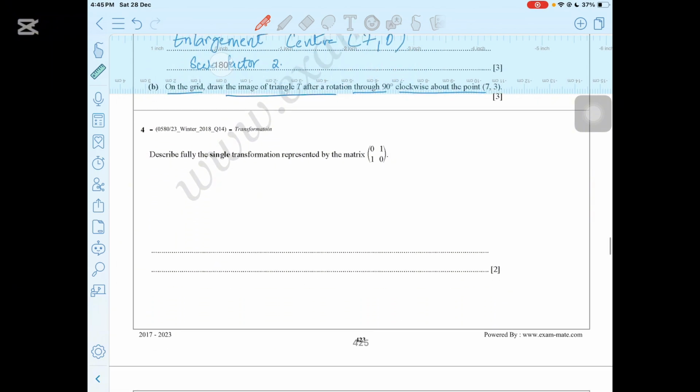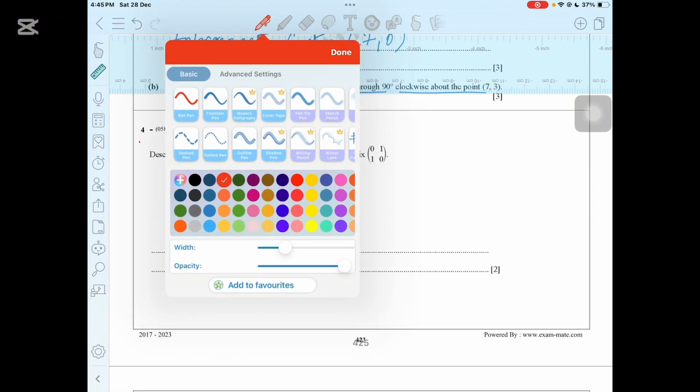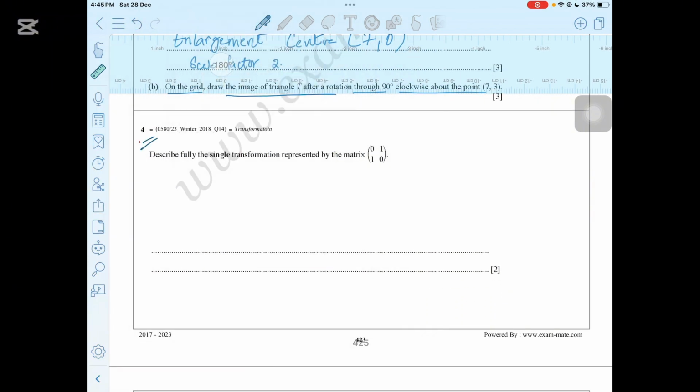We have question number 4 given as: describe fully the single transformation represented by the matrix, right? So whenever we see a matrix like this, we always have a reflection at y equals x.